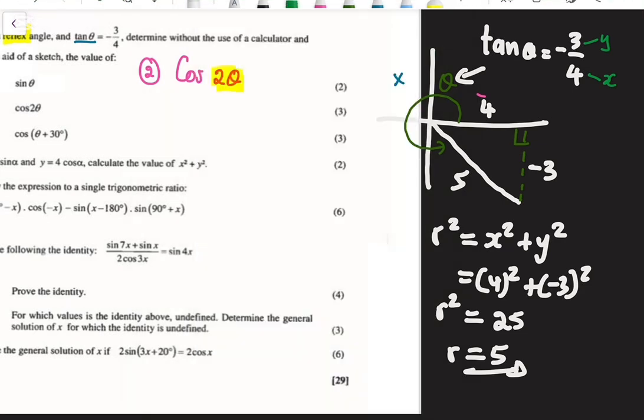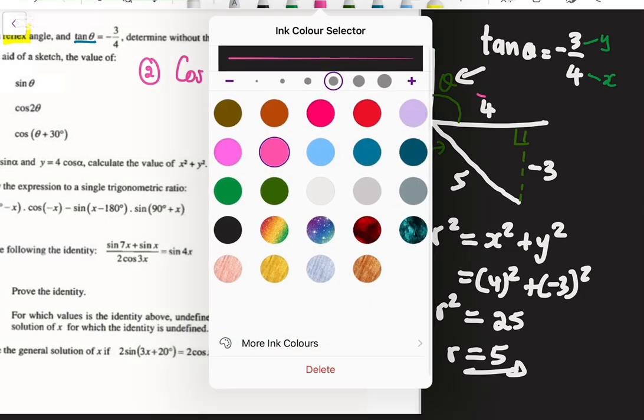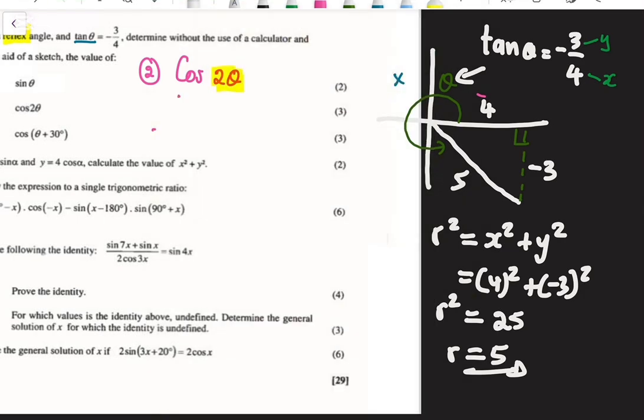Now, we are going to change this. Remember, there are 3 ways we can change double angle for cos, but we'll choose one. So I will go with cos 2 theta is the same as 1 minus 2 sine squared theta. Now this is 1 minus 2.